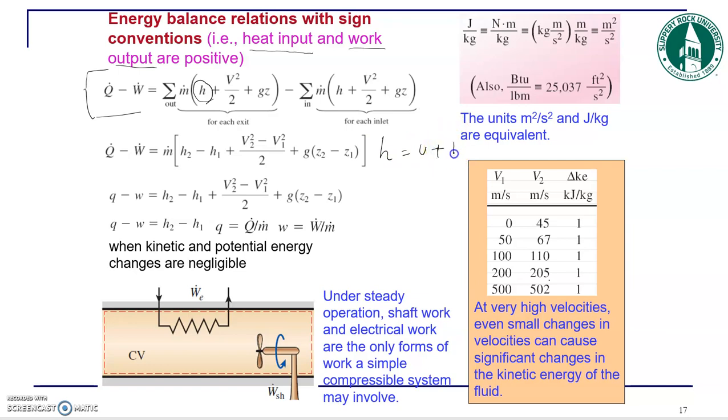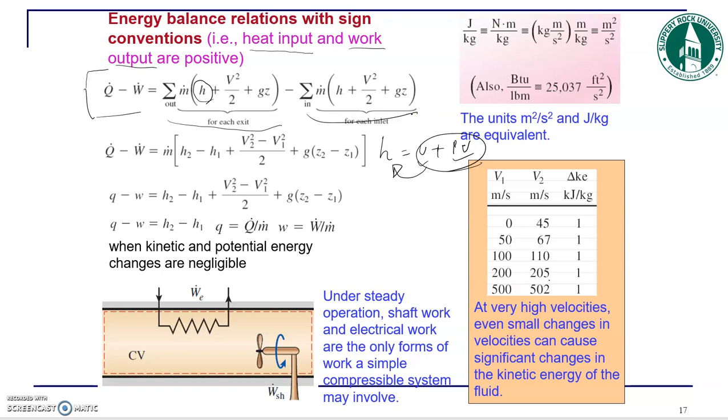U plus PV comes into your equation. This is the fluid energy or fluid work, and U is internal energy. The sum of these two gives you the enthalpy, and that comes into your equation. This is for an open system. For a closed system, you had internal energy in your first law of thermodynamics. So you have to write this equation for all the exits and all the inlets, and then try to solve this equation. So we want to do the same thing.